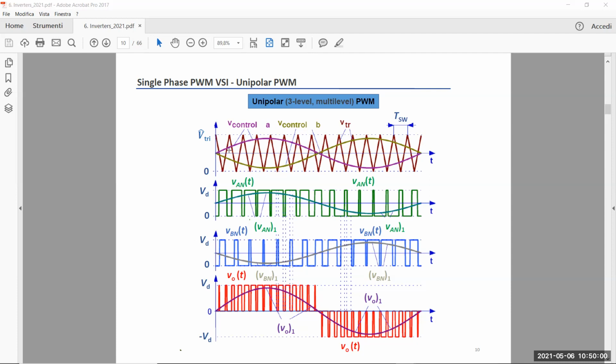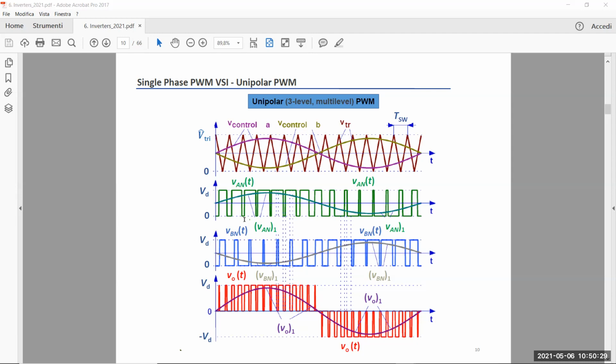Now I have to compare the triangular waveform with the green V control B waveform with the standard generation law. For example, when the green control voltage V control B is higher than the triangular waveform, here you get 1, 0 otherwise. Even here you have, for the voltage VBN, the standard sine wave modulated rectangular waveform.